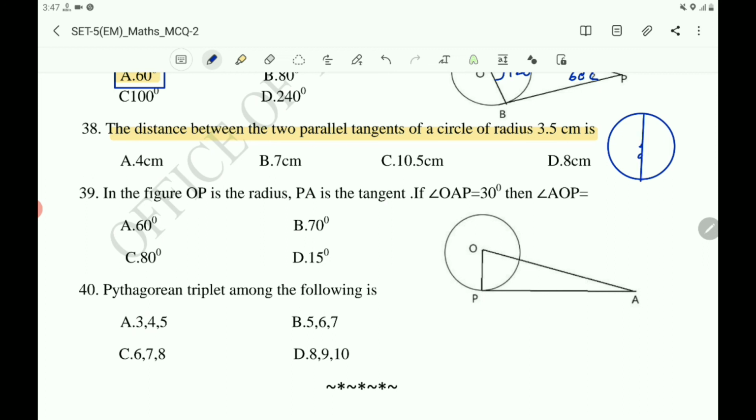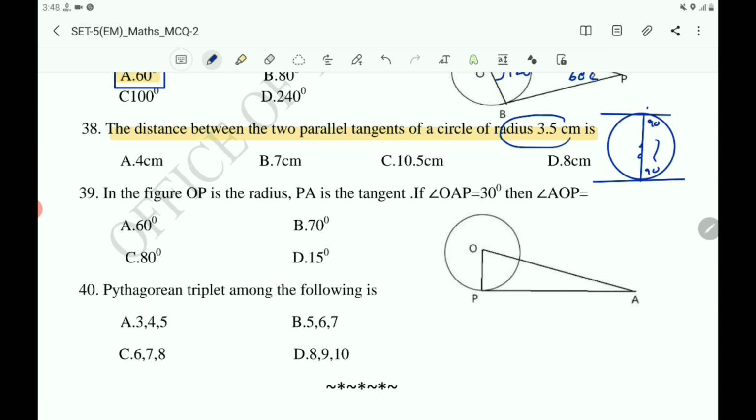Parallel tangents will always be like this. They are perpendicular to the radii, this is 90, this is 90, and it is only possible at the ends of the diameter. So that is double the radius, 3.5 into 2, that is 7 centimeter. Also indirectly it is the length of the diameter.